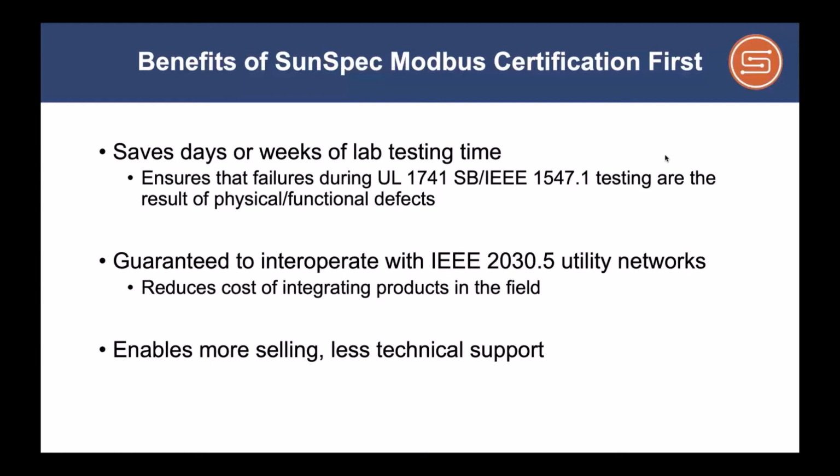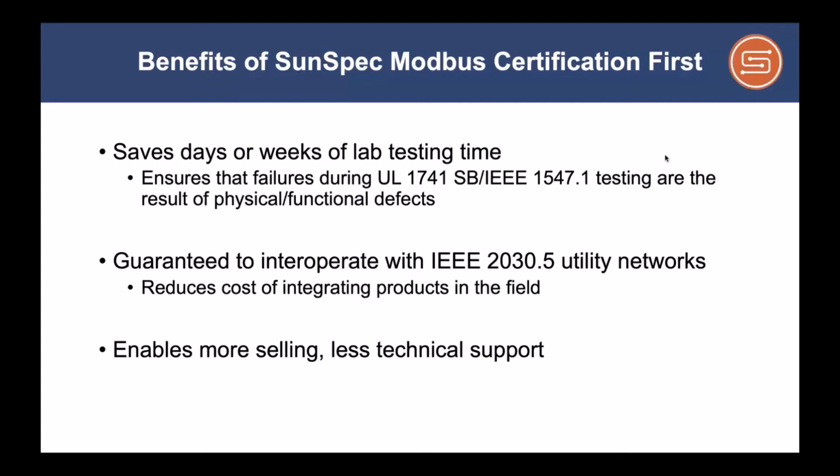So this, I think, is the most compelling argument for getting that communication interface certified. And I would say the same thing if it's an IEEE 2030.5 interface or an IEEE 1815 interface. If you get that interface evaluated first, you don't have to worry about it and can focus strictly on the functional testing.